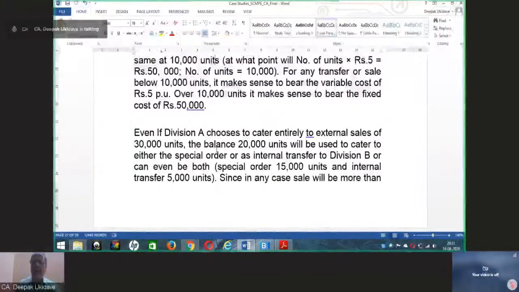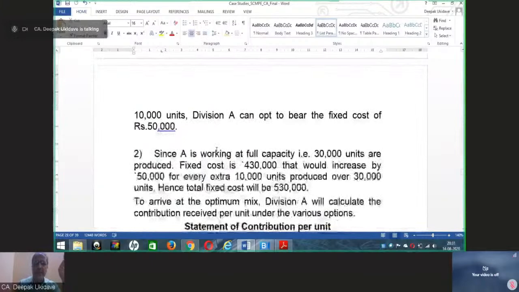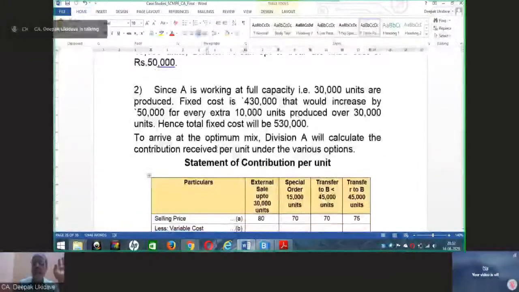All will occupy your full capacity. So fixed cost of 50,000 will have to be borne. Since A is working at its full capacity, that is 30,000 units are produced, fixed cost is rupees 4,30,000. That would increase by 50,000 for every extra 10,000 units produced over 30,000 units. Hence total fixed cost will be 5,30,000.